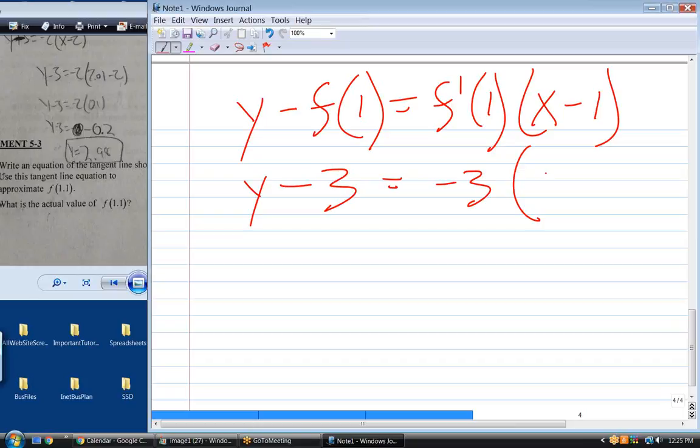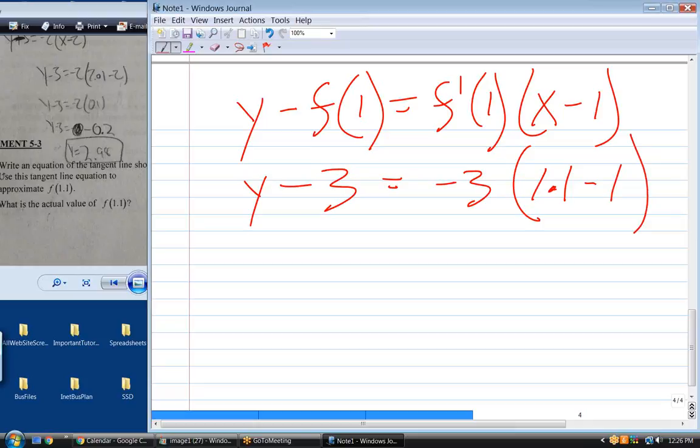Times what? 1.1 minus 1. In other words, there's only one thing. That technically is x minus c, but c is our original point, 1. Our new point, x, is 1.1. In other words, the point that we're trying to approximate a value for.